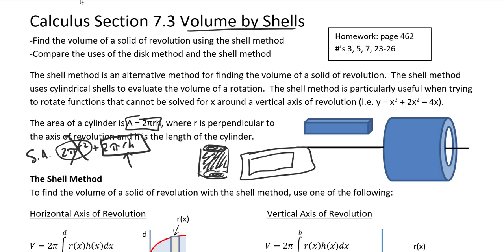The reason we use the shell method is when we have functions that look like this, y equals x to the third plus 2x squared minus 4x. Solving this for x is going to be really hard, and because it's really hard, I have to use the shell method.